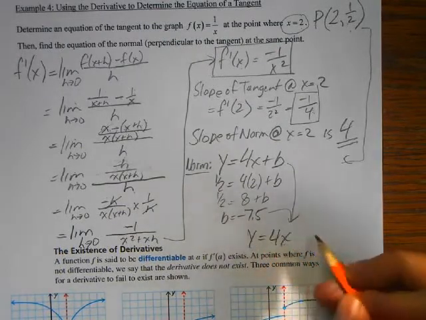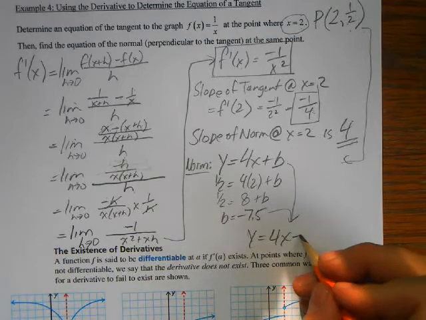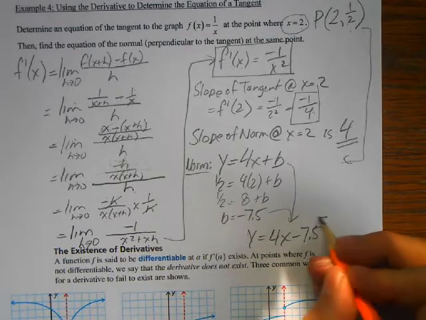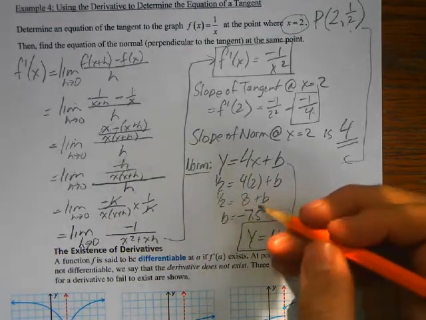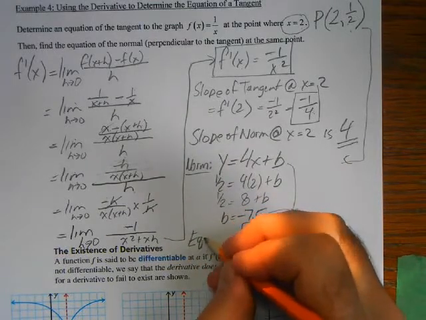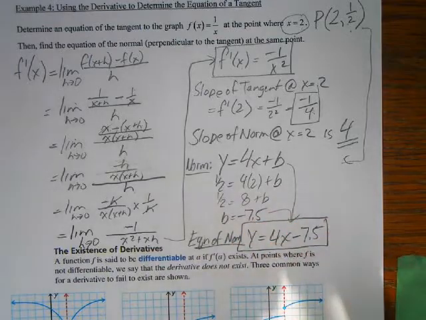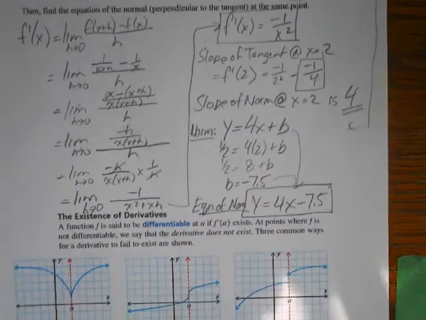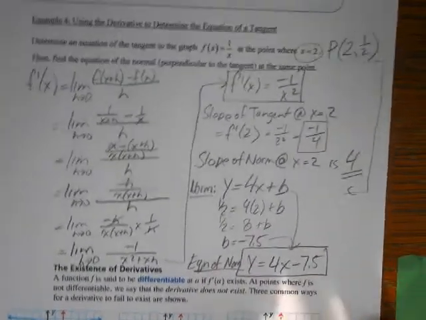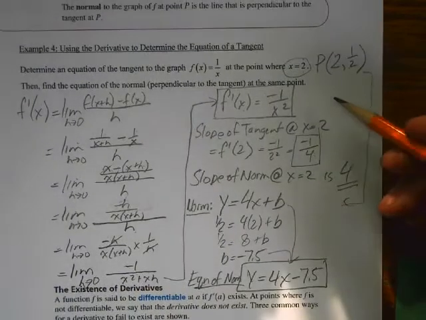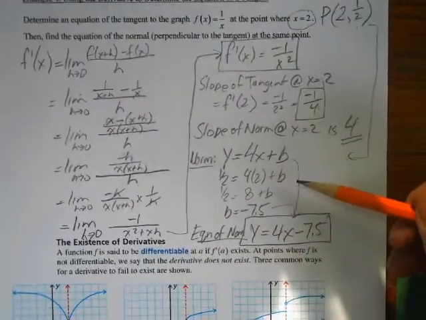So that is the equation of the normal. Okay, so you can see how we can extend our knowledge of what derivatives are and find equations of lines and tangents and normals.